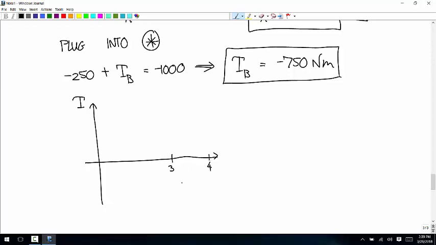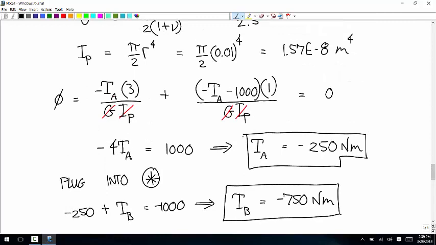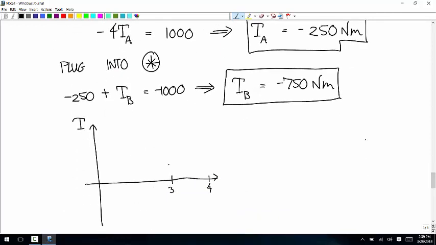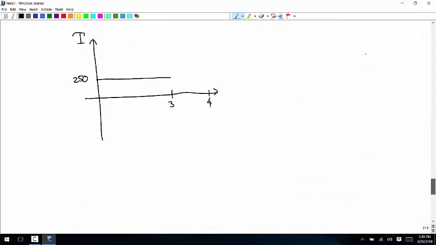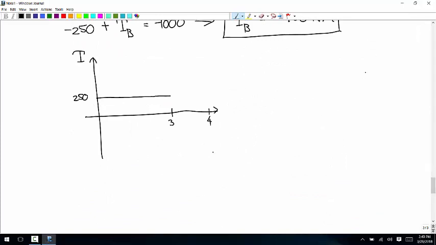We have an internal torque of positive 250 on the first part, and on the second part we have minus 750. Okay, so that's what a graph of the internal torques looks like.